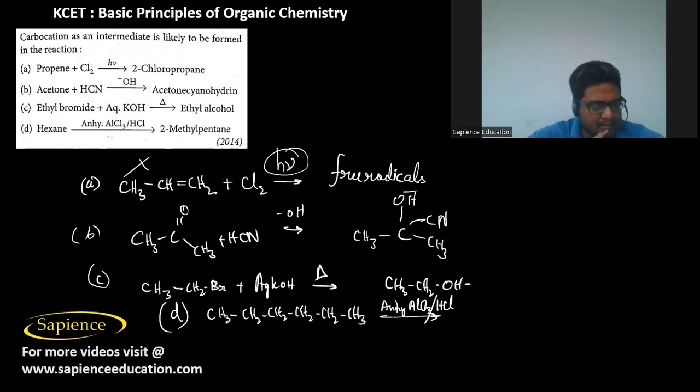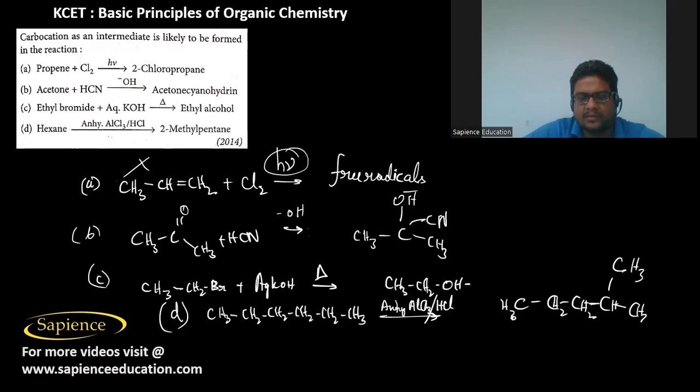So here carbocation will be formed. 2-methyl pentane will be like this. Means there is a methyl shift.